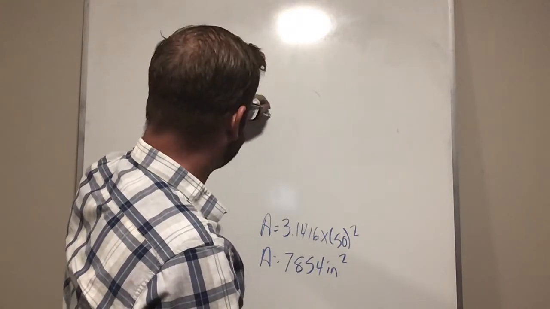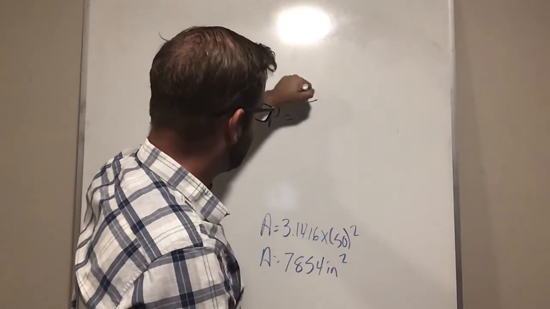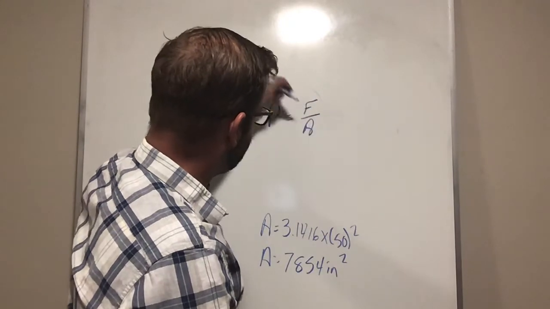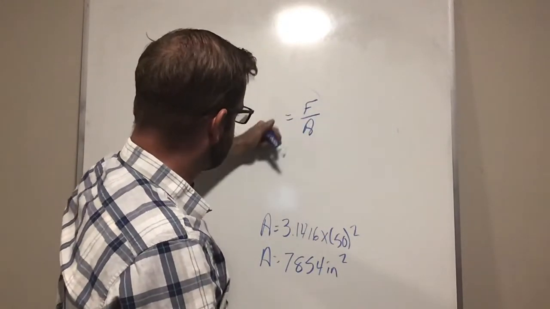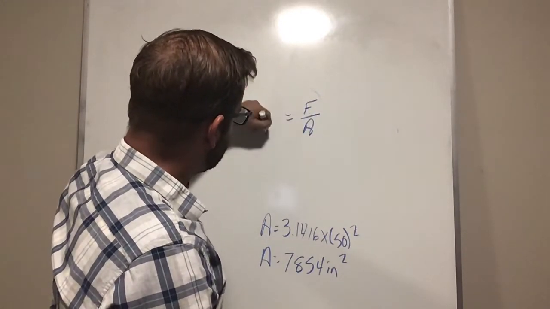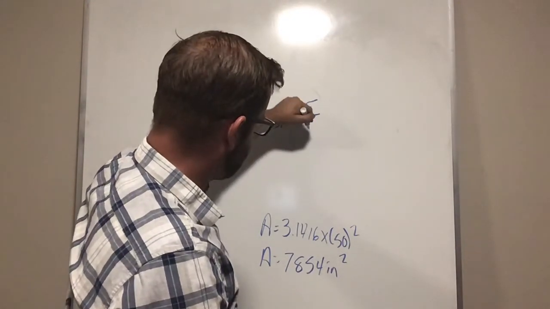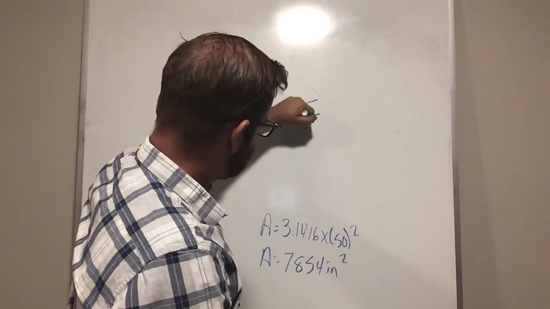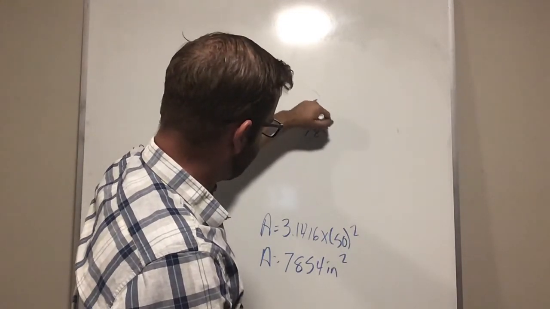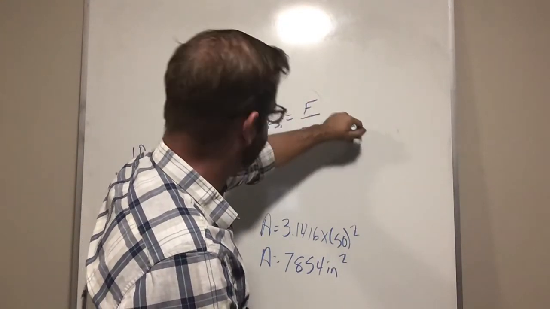So pressure is equal to force over area. The pressure we know is 10 psi. Area we know is 7,854 inches squared.